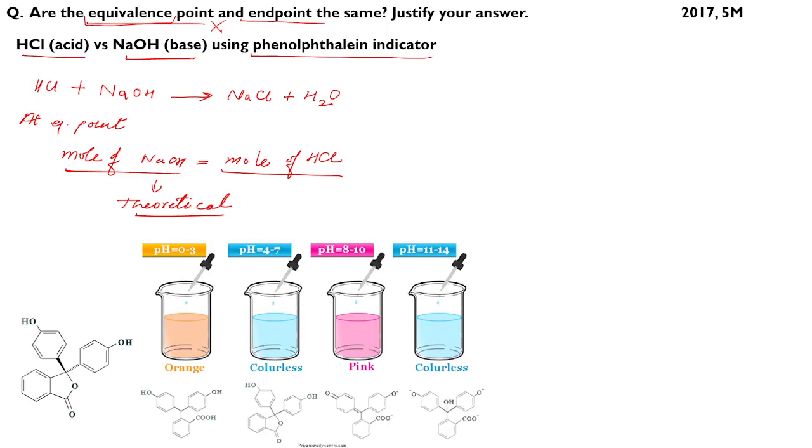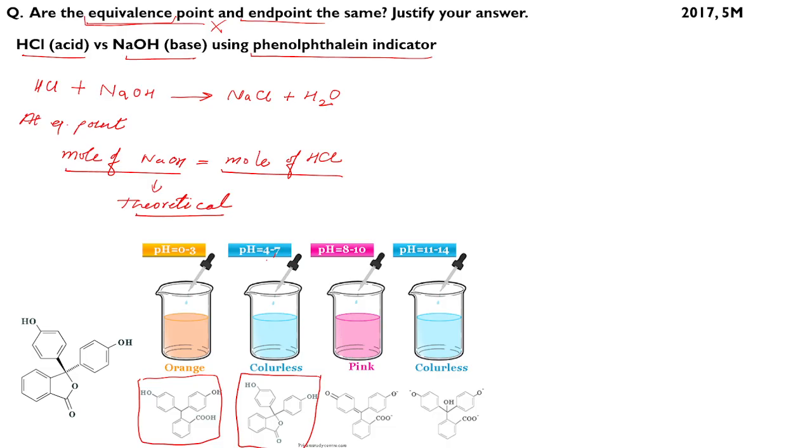Now what is the endpoint? When phenolphthalein is at a pH of 0 to 3, this is the structure of the phenolphthalein indicator, and once this changes to a pH of 4 to 7, the structure of phenolphthalein is this, and that is colorless during our titration.